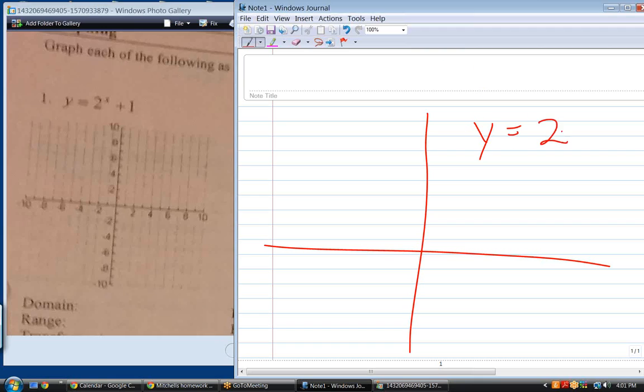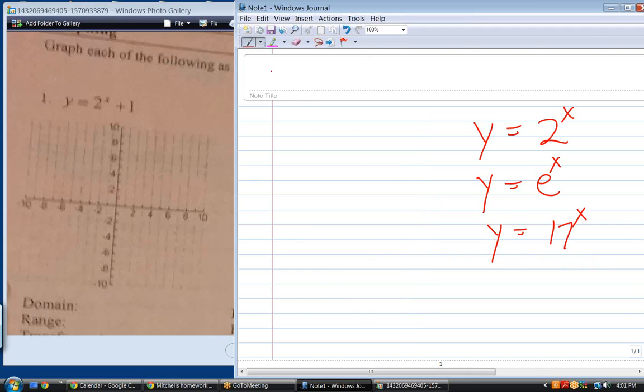These are all pretty much the same, and the reason is that they're all going to look alike. It would be tough to distinguish the appearance of one from the other.